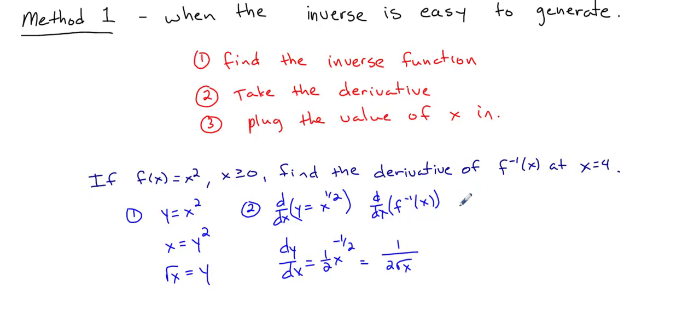Step 3, substitute x in. So dy dx evaluated at x equals 4. 1 over 2 radical 4. That's 2. 2 times 2 is 4, so 1 over 4. Now, they could ask us to write the equation of the tangent line to the inverse of f at x equals 4.